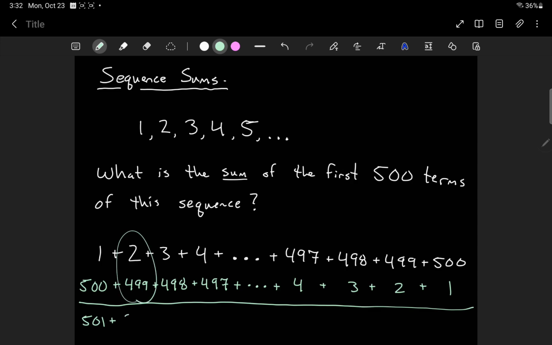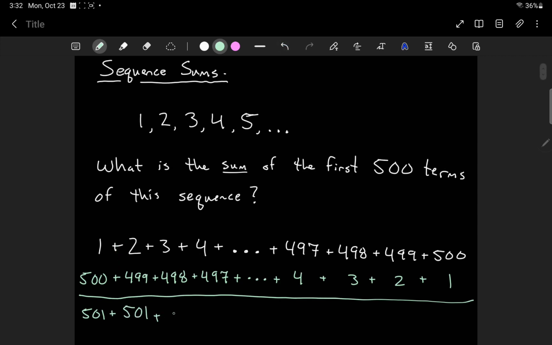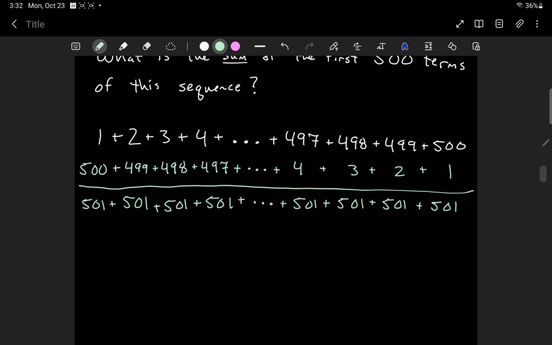Second column here also adds up to 501. And you start to see that every one of these vertical additions that I'm doing here is 501, 501, 501 plus 501 plus 501 plus 501.